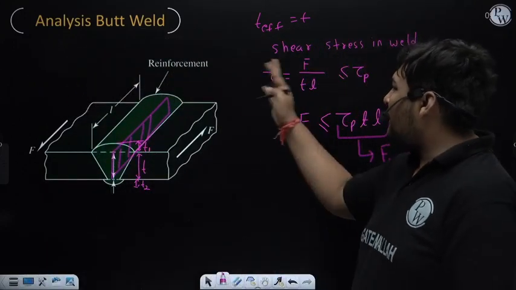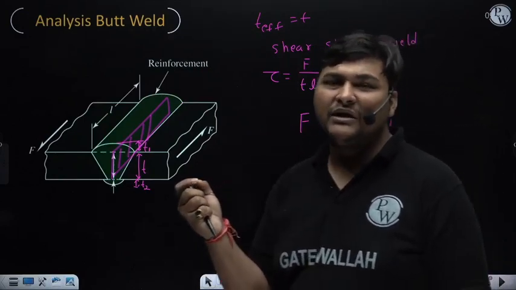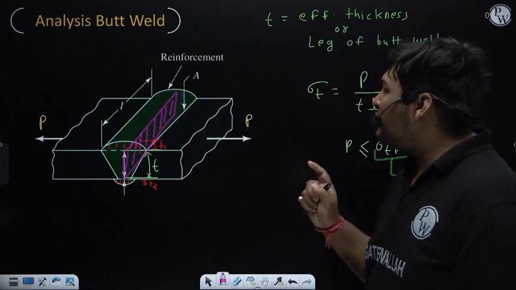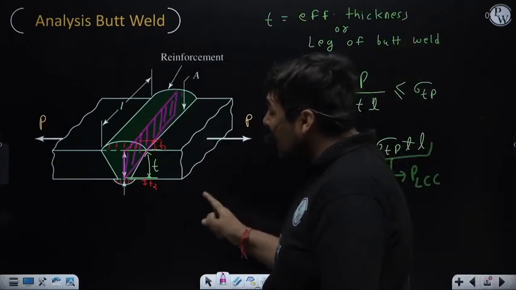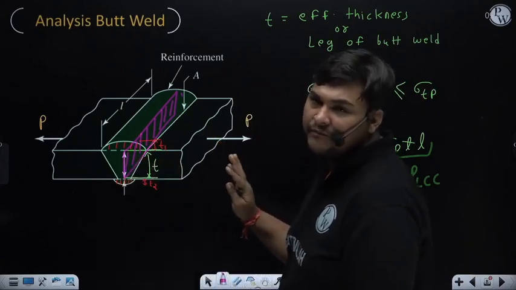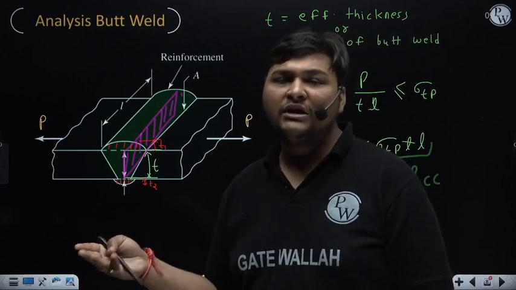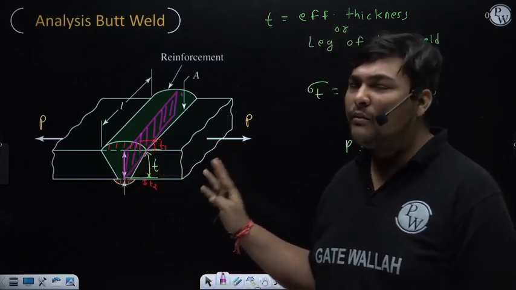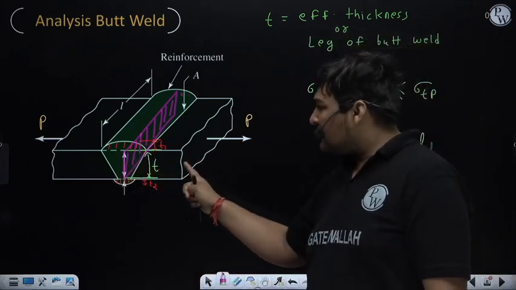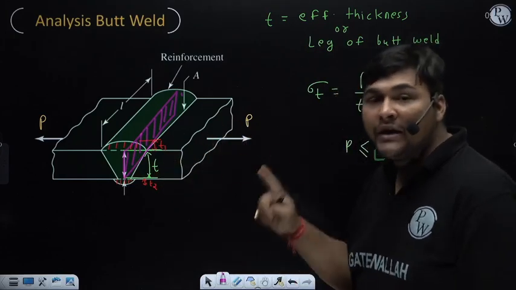All the analysis is as per the strength of materials subject. Only you need to remember the effective thickness which we will consider during analysis. The rest of the analysis is very easy. If you know strength of materials, how to calculate stress, you will easily be able to solve the problem of butt weld. The only point to be remembered is what effective thickness we will take during analysis.